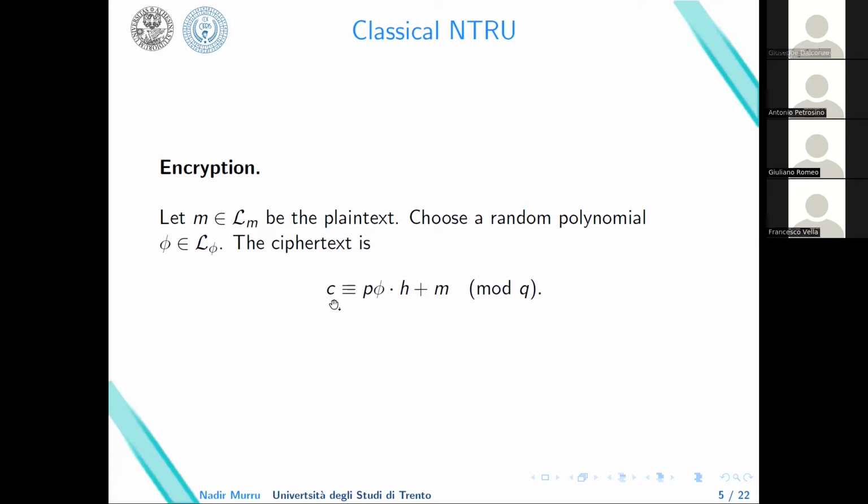Note that just knowing the ciphertext C and the public key h, it is not possible to recover the plain text M. And so this is a safe procedure for encrypting our plain text.